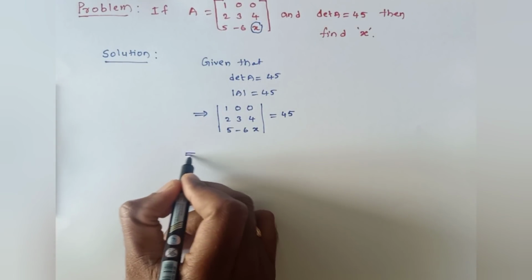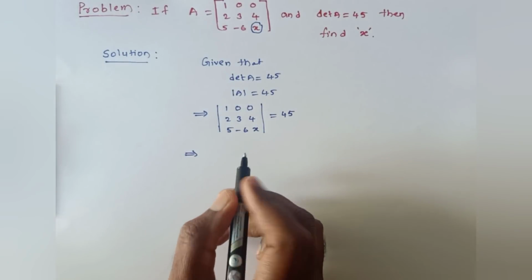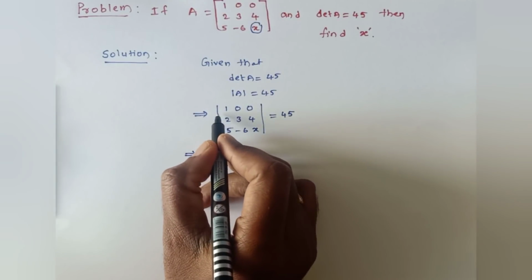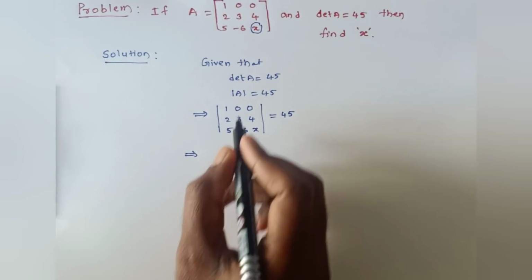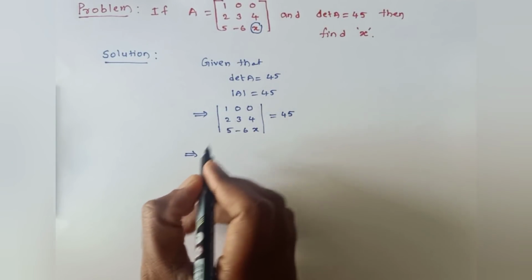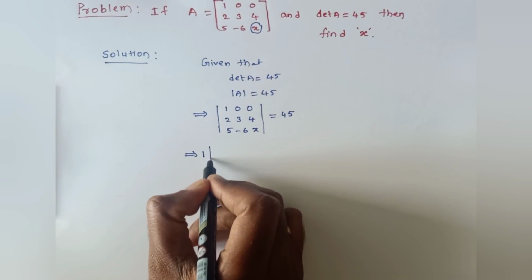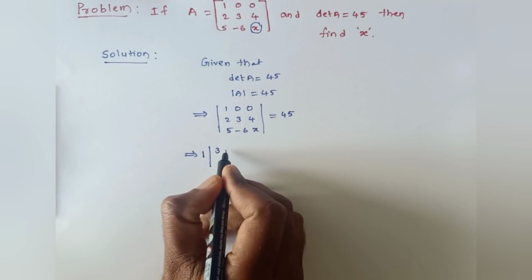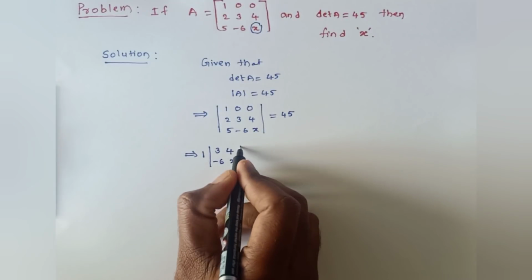Here you can evaluate this matrix by using any row or any column. For our convenience, I am expanding this determinant using the first row, since that contains two zeros. So 1 into the determinant of, by deleting this row and column, the remaining elements 3, 4, minus 6 and x.